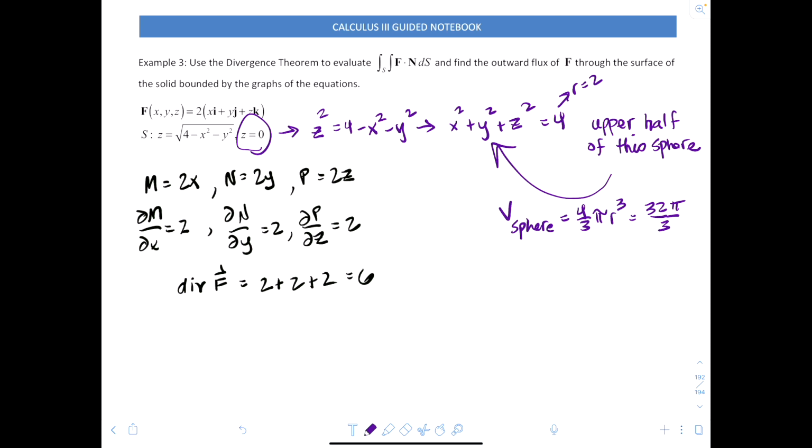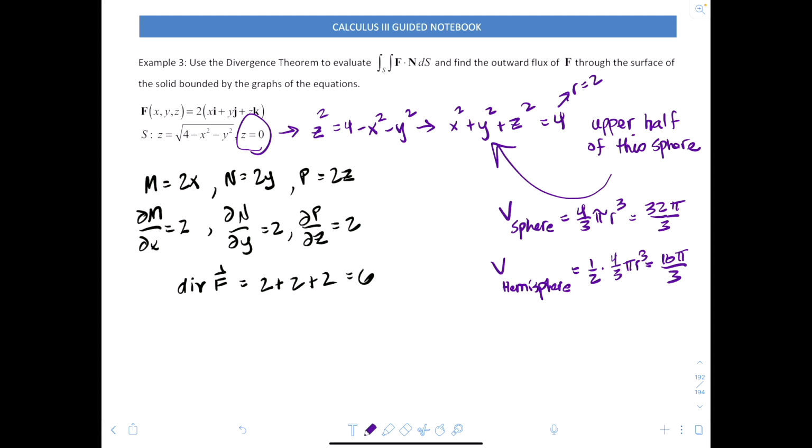Good so far? And so we need to cut that in half, right? So the volume of the hemisphere would be equal to half of that, which would be 16 pi over 3 for us.